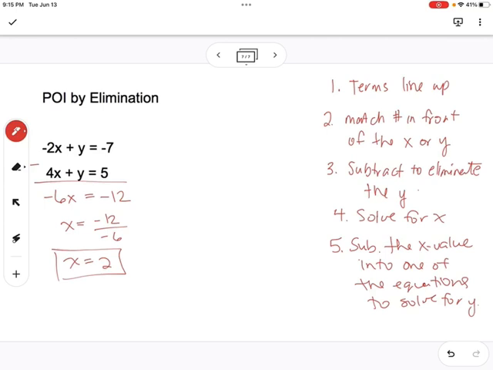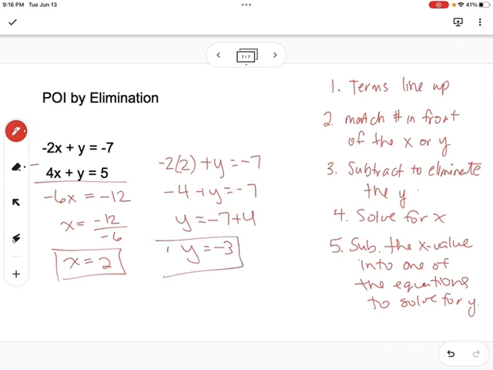So I'm going to pick that first one. -2, the x is 2, so we sub that in, plus y equals -7. So we get -4 plus y equals -7. Then we want to move this -4 to the other side. It'll become a +4. Y equals -7 plus 4. And that gives us a y of -3. Okay. So our point of intersection, again, is 2, -3.